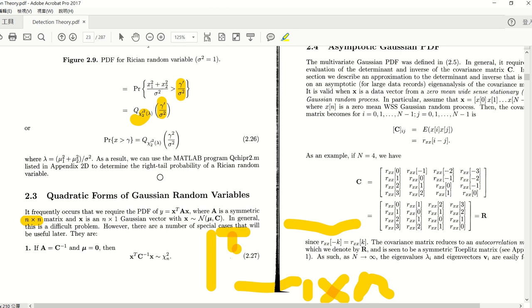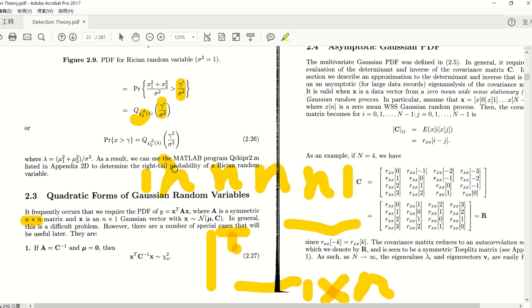Okay, let me write it clearly. This one is 1 by n, right? This one is n by n. This x is n by 1.